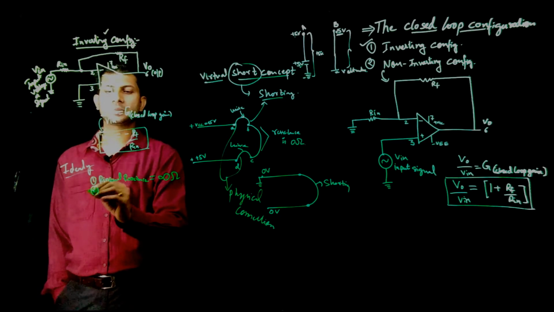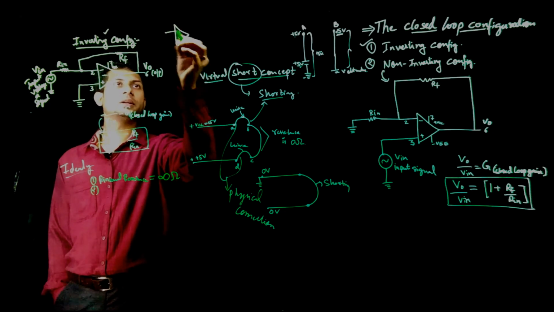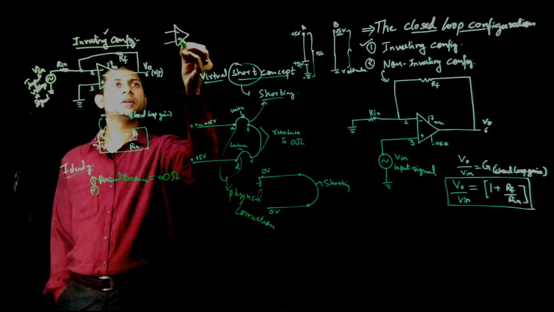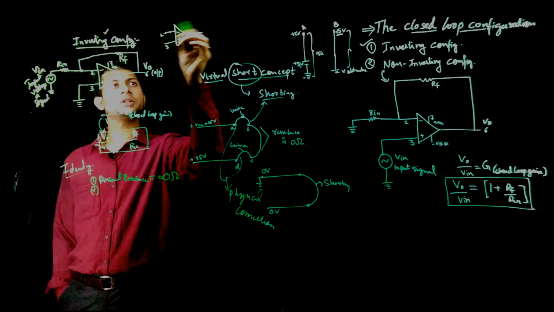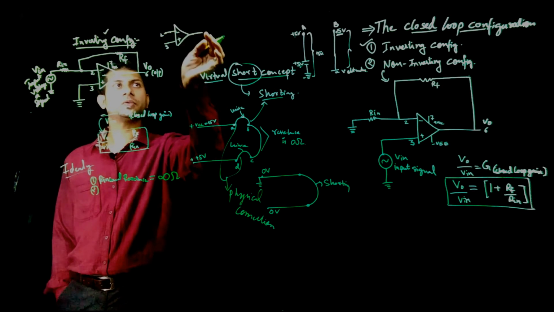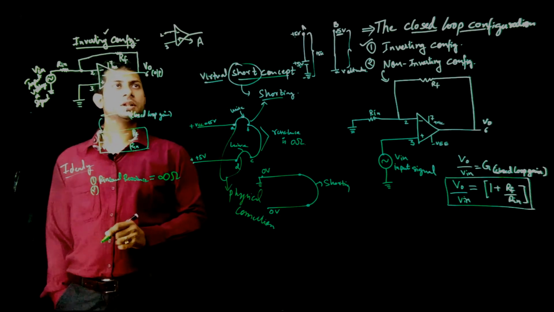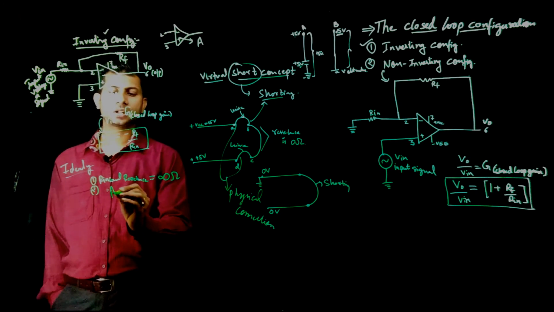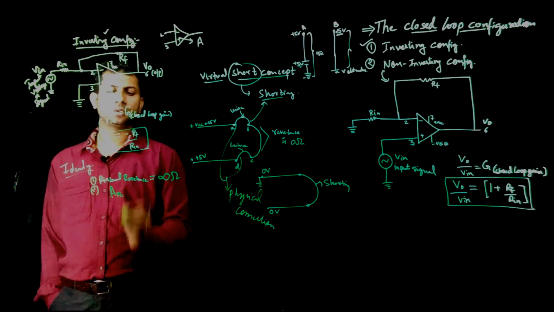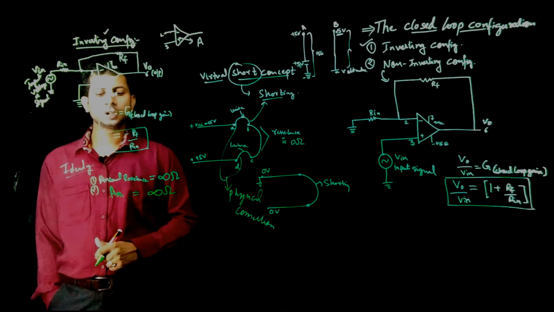And the second assumption: if this operational amplifier is in open loop configuration, that means there is no feedback or connection from output to input between pins 2 and 3, then the open loop voltage gain of this operational amplifier, AOL, is ideally infinite.